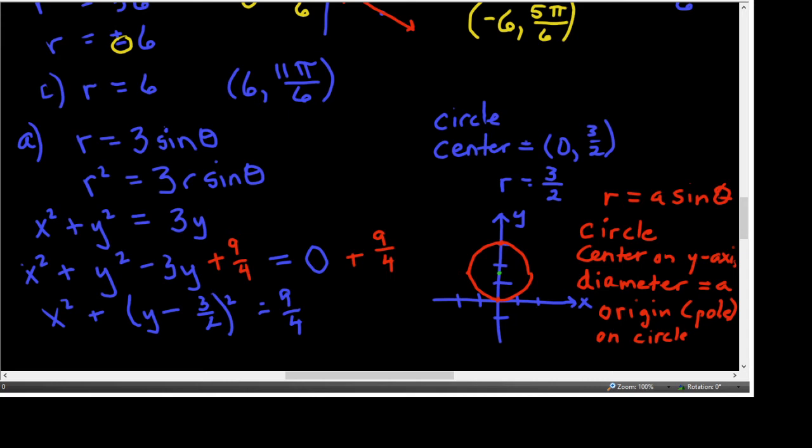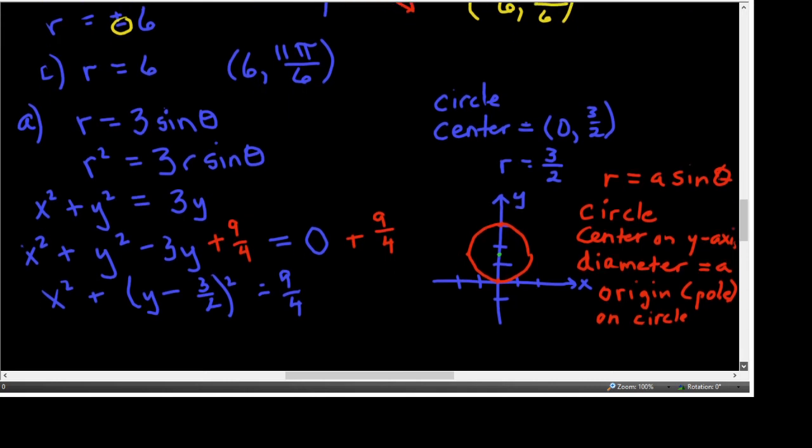Then the center's halfway, so you take half of a to find the coordinates of the center, in this case (0, a/2), which is (0, 3/2). And then just go that radius, 3/2, from the center all the way around, just like we did. So that's a pretty nice set of coordinates to know.